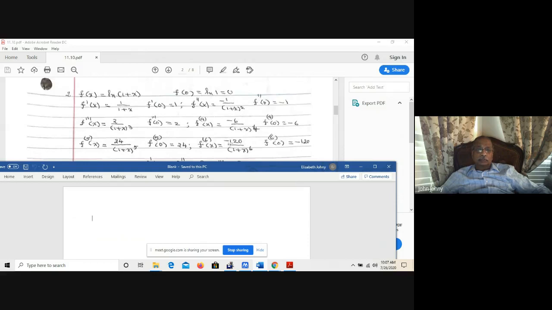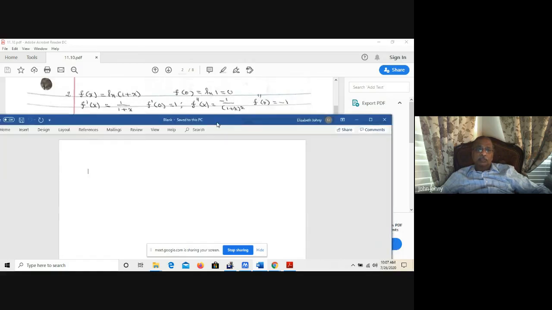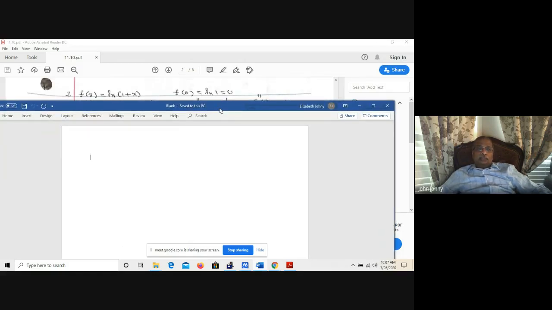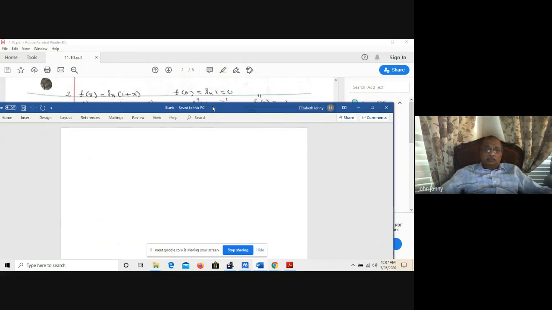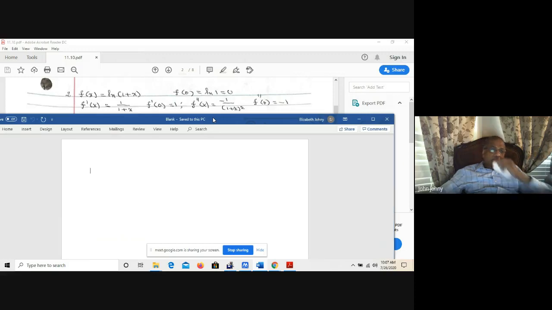Example 2, logarithm, natural log of 1 plus x. Okay, f of 0 is natural log of 1 plus 0, that is natural log of 1, which is 0. f prime x is 1 over 1 plus x. So f prime 0 is 1 over 1 plus 0, that's 1. f double prime x is negative 1 over 1 plus x the whole square.